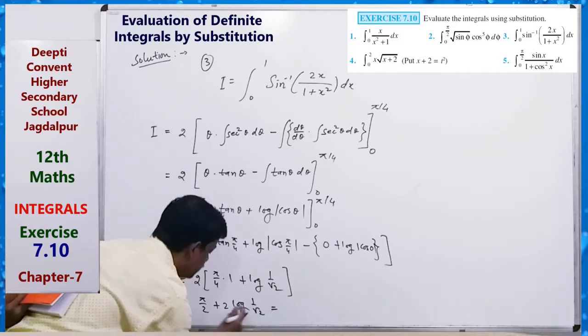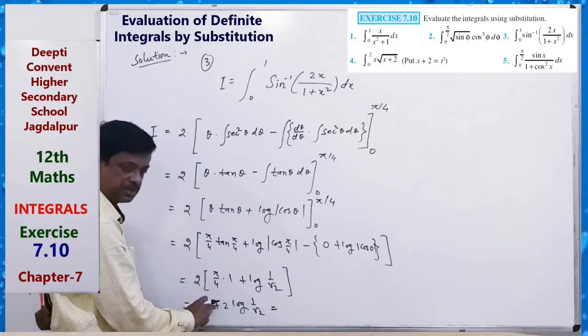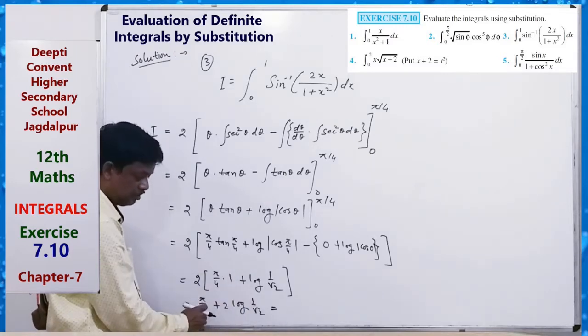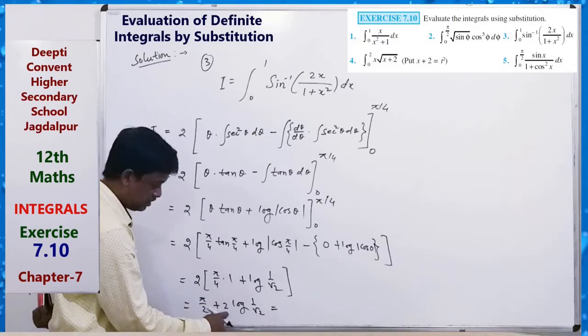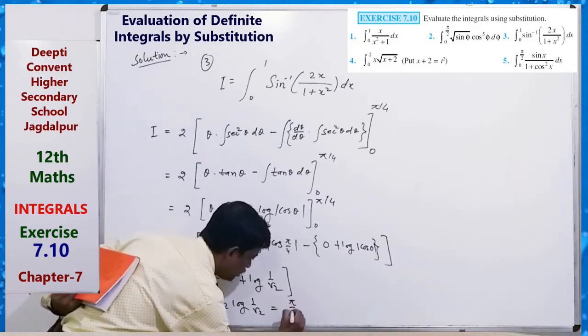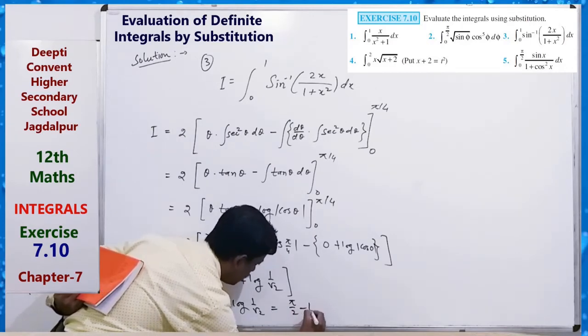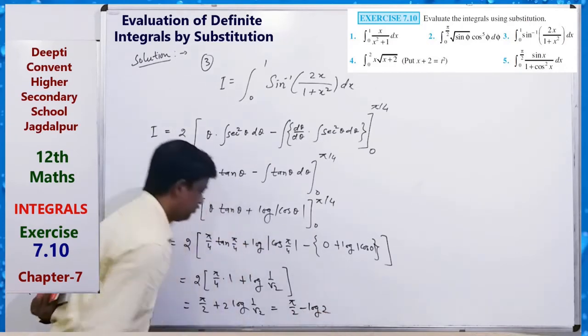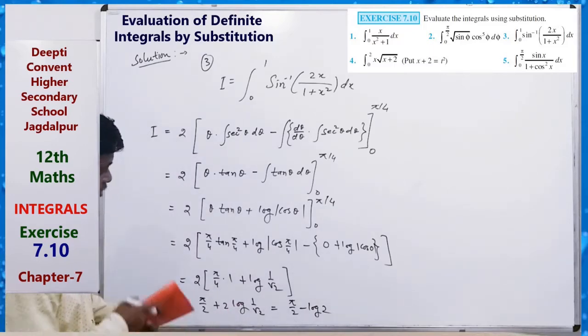You can also write 1 by root 2 as 2 to the power minus half, so the 2 cancels, and you can write it like this: pi by 2 minus log 2. This is the answer.